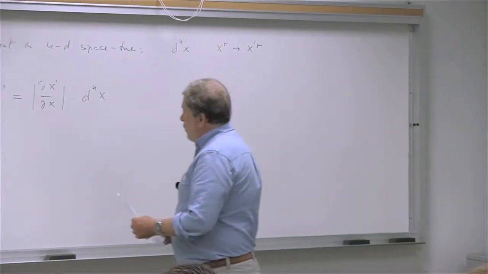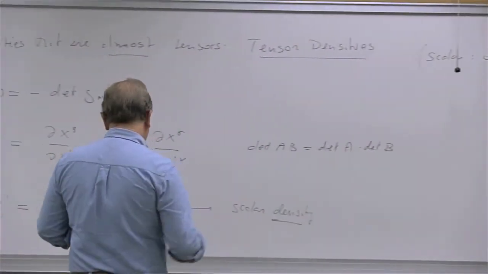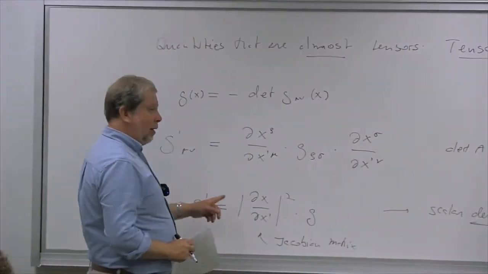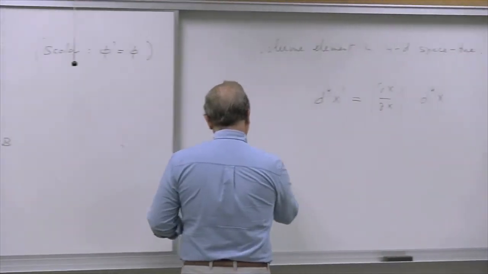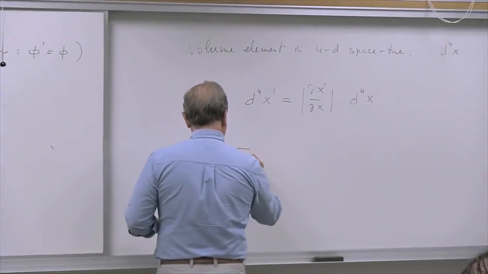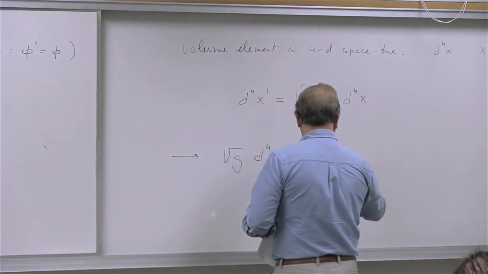And so the relevance of this is that that thing is not invariant. This thing is not invariant either. But the product of the square root of g times d4x is an invariant.